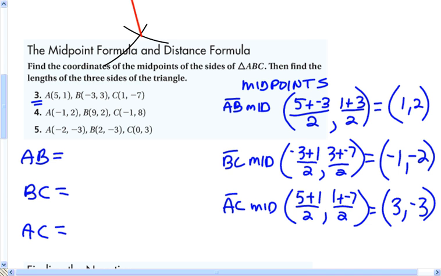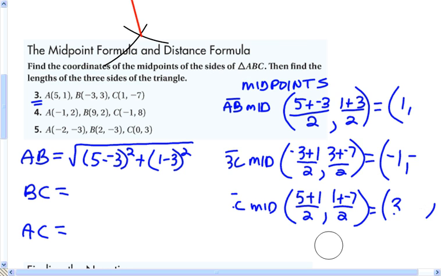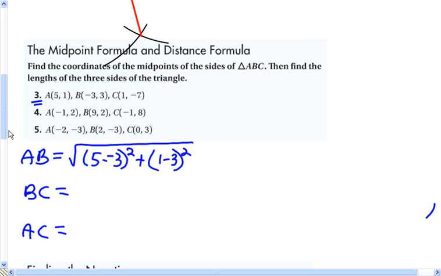Using the distance formula, the length of AB would be the square root of the difference in the x-coordinates squared plus the difference in the y-coordinates squared. And that's equal to the square root of 68, which in simplest radical form is 2 times the square root of 17.